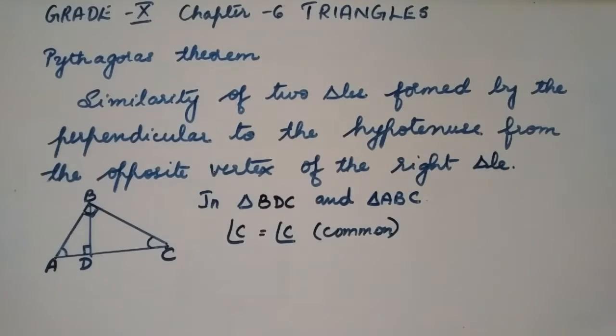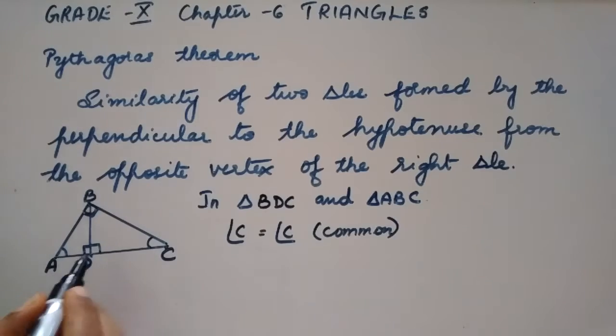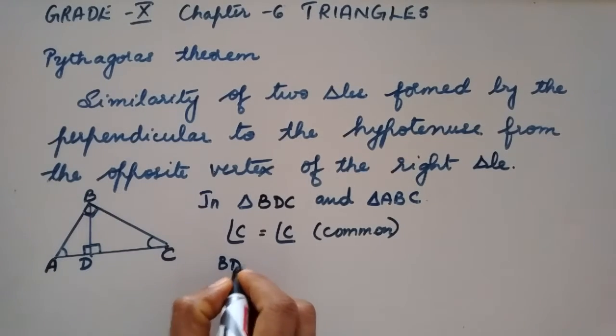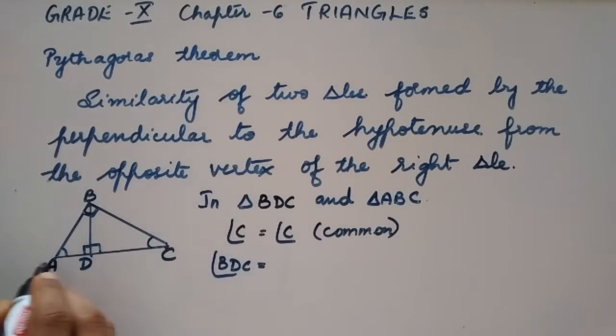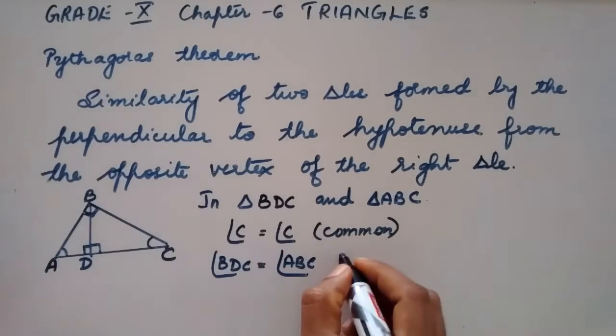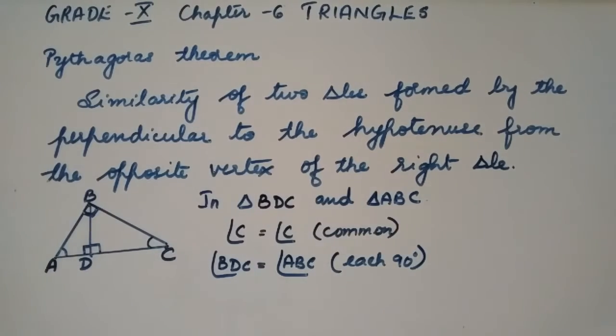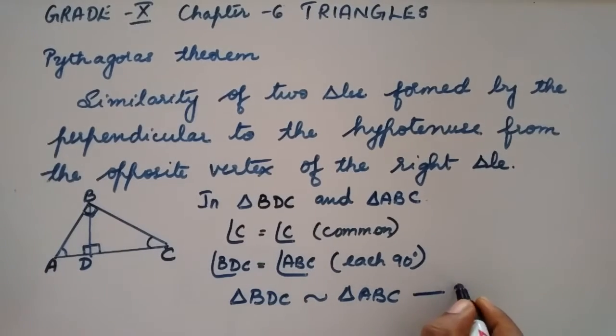And next we have a right angle, that is angle BDC is equal to angle ABC, each 90 degrees. So by angle similarity criteria, we can say that triangle BDC is similar to triangle ABC. So let us take this as 2.